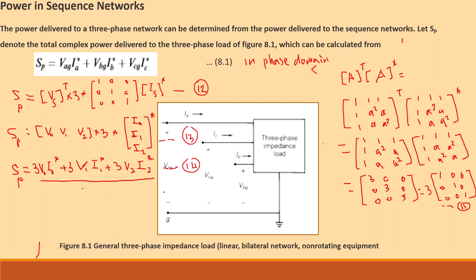As we see from equation number 14, this value is the power of the zero sequence network, while this is the positive sequence power, the power of the positive sequence network.